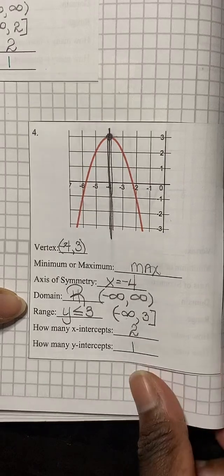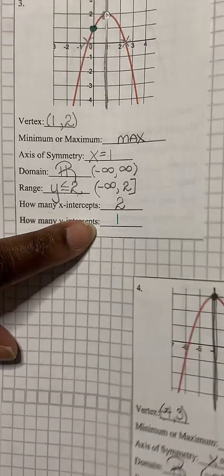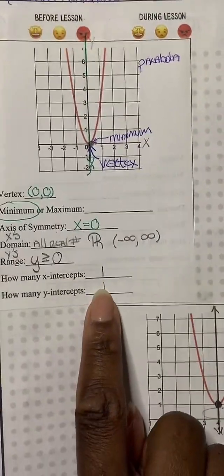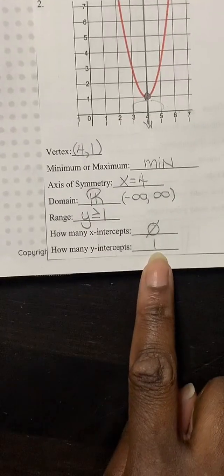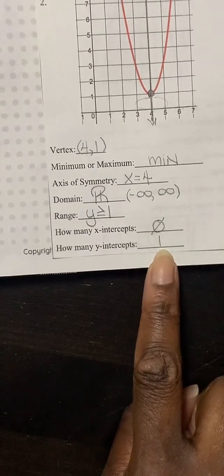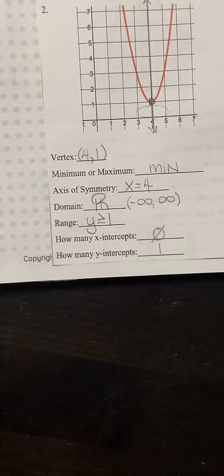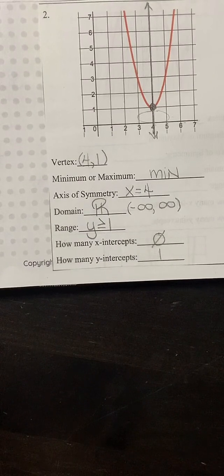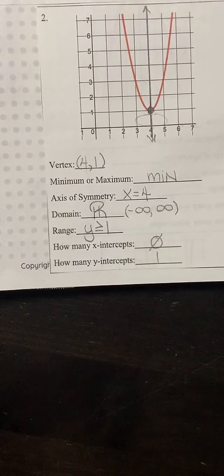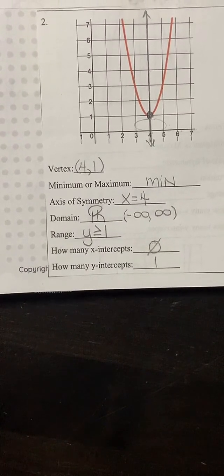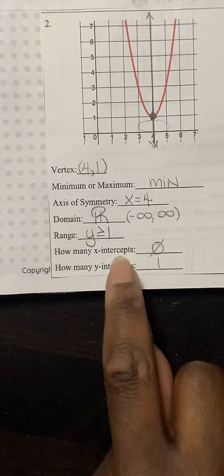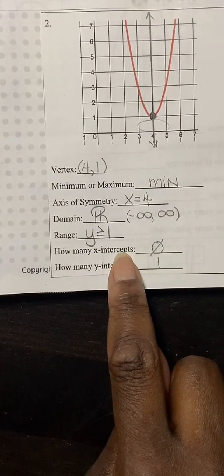And if you haven't noticed, every time we did this, boom, there was 1 y-intercept. So could we say every time you see a quadratic, you're always going to have a y-intercept? Basically, unless there's some kind of restriction. But your x-intercepts may vary.